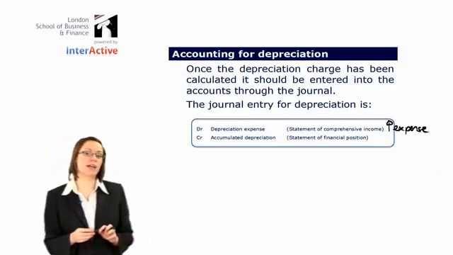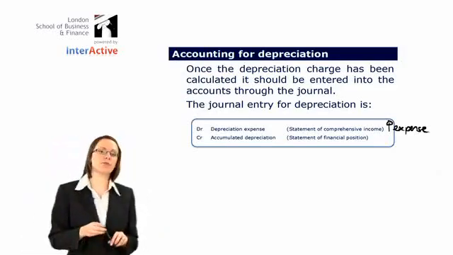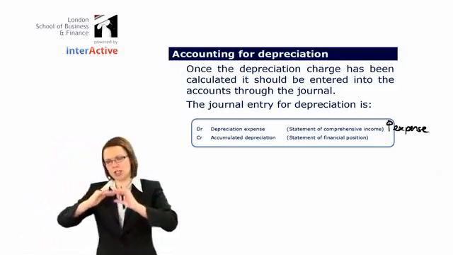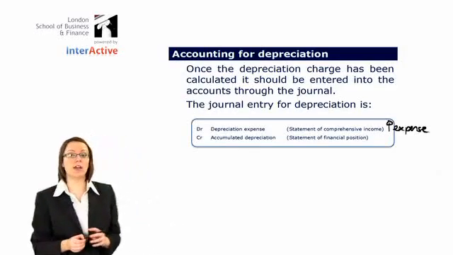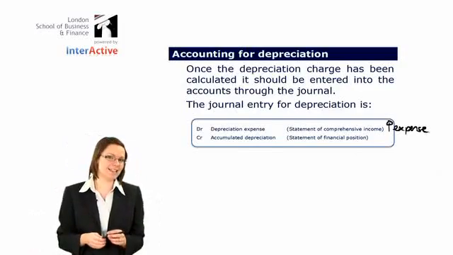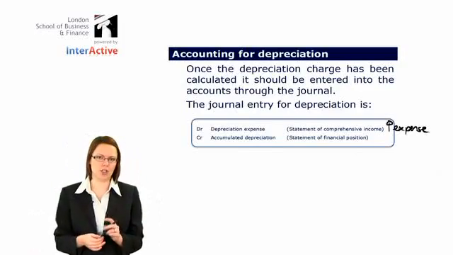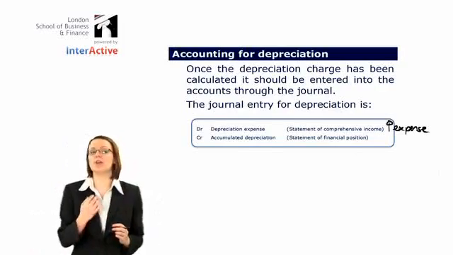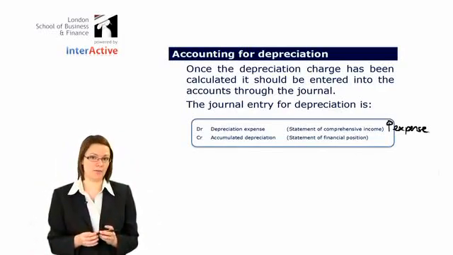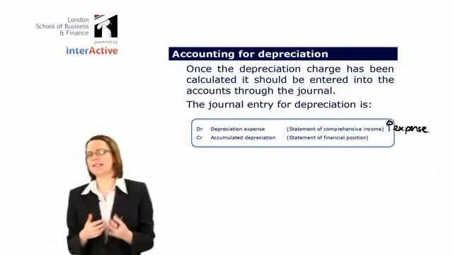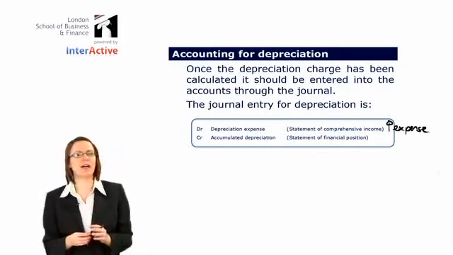Our credit entry then, well, remember, depreciation is showing the reduction in the asset's value in its life. As a result, the credit entry will be to the asset in the statement of financial position. Now we're going to credit a new account called the accumulated depreciation account. Accumulated depreciation account is a funny account.